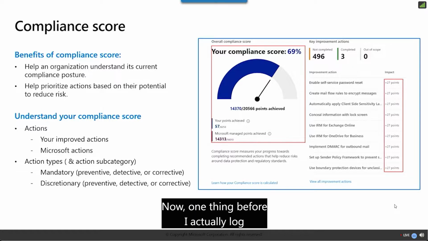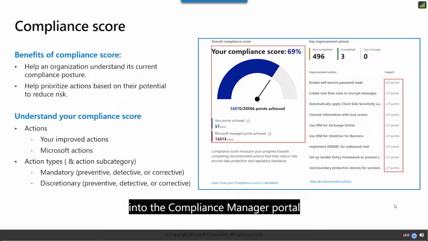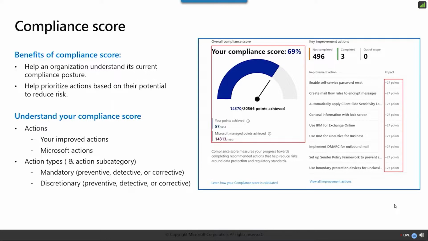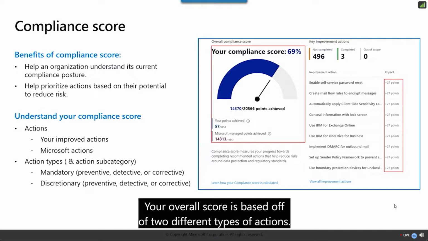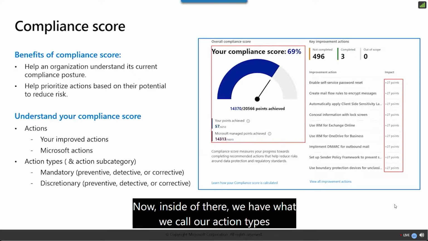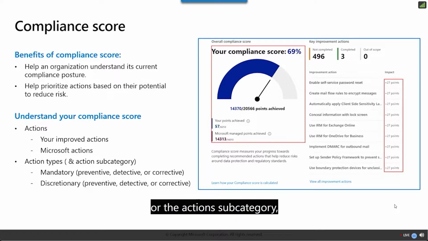Now, one thing before I actually log into the Compliance Manager portal is I want to make sure you understand how your Compliance Score is being calculated. Your overall score is based off of two different types of actions. You have the ones that your organization needs to take and the ones that Microsoft is managing on your behalf. Inside of there, we have what we call our action types, or the actions subcategory.